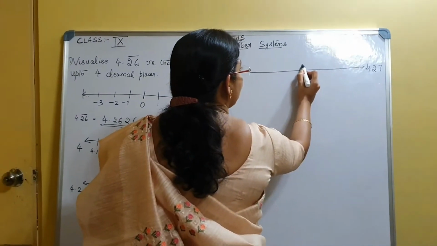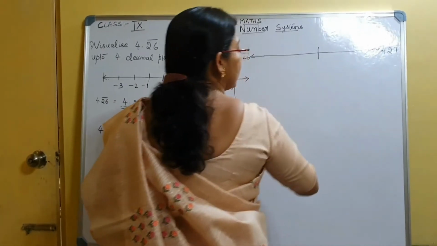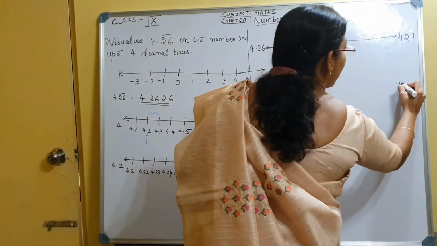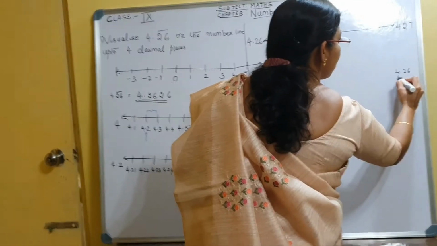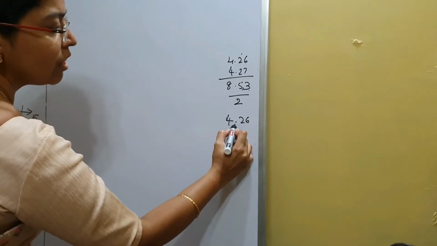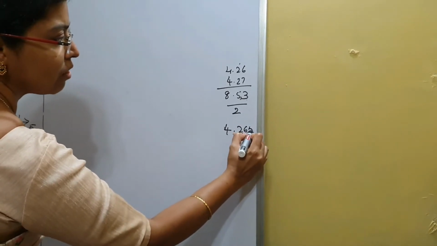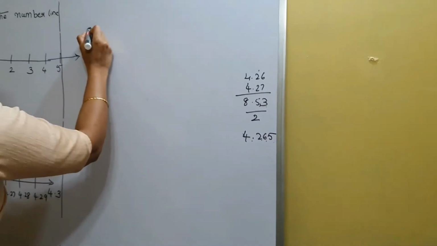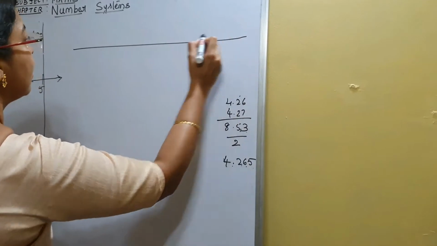Get the mid value. How do we get the mid value? 4.26 plus 4.27 is 8.53, divided by 2 will give 4.265. So our number line is here.